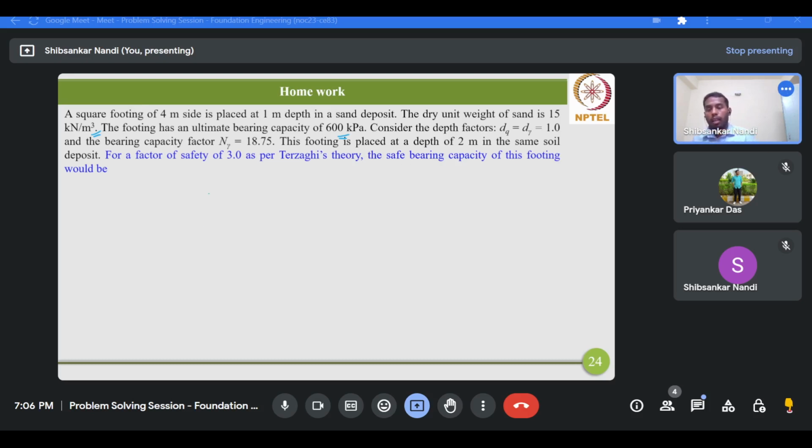So in this problem, you can visualize two scenarios. First of all, scenario 1, and secondly scenario 2.